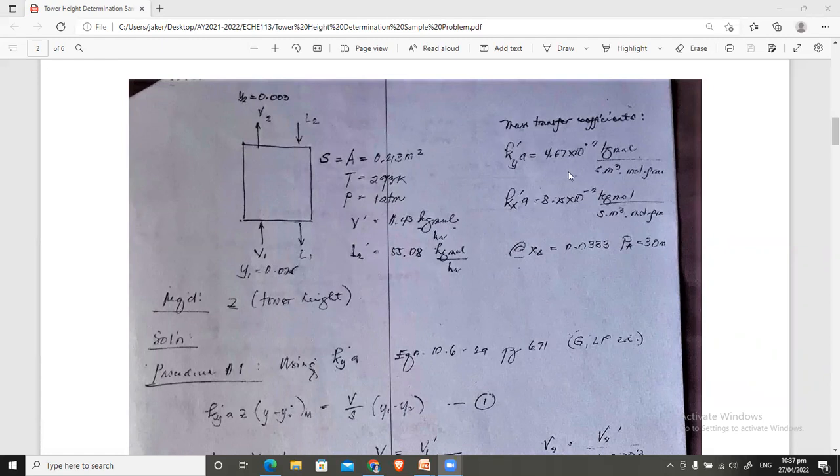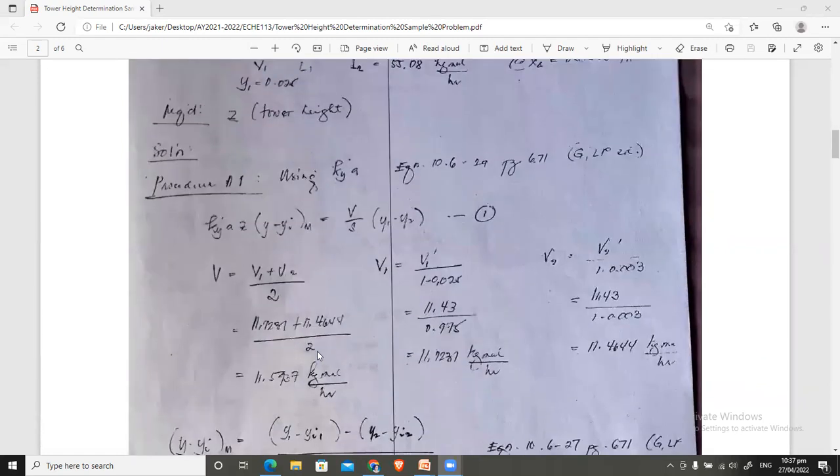I have placed here the mass transfer coefficients and the very important condition of equilibrium, as stated in the problem. So our first procedure will use the film coefficient, the gas phase film coefficient or mass transfer coefficient, because the problem is gas absorption.